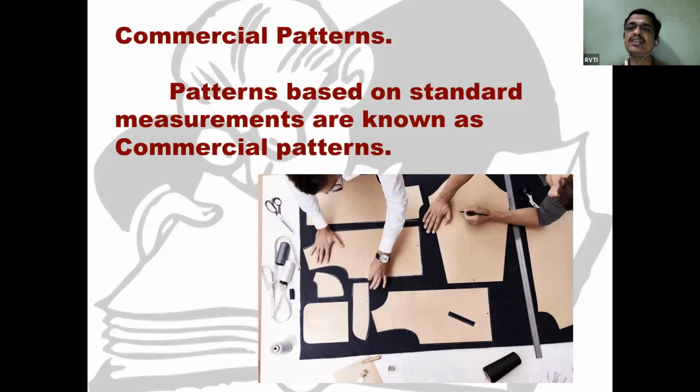But in foreign countries, European countries and the USA, they don't know. If one person is interested to try to construct a garment, he doesn't know how to cut a pattern or a garment. But if he knows stitching a little bit, he can directly go to the shop and purchase a pattern. That is called a commercial pattern.